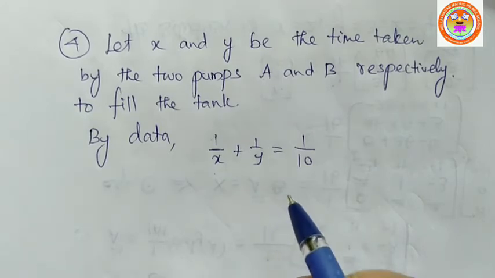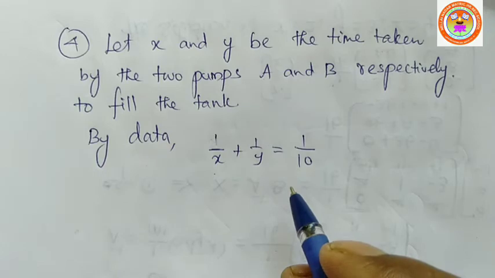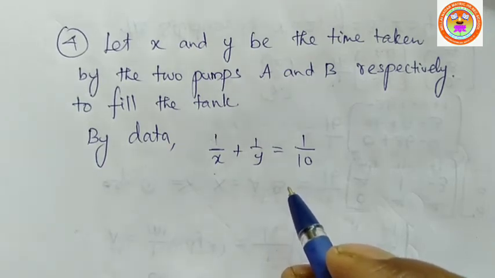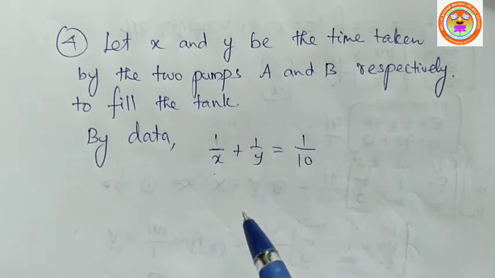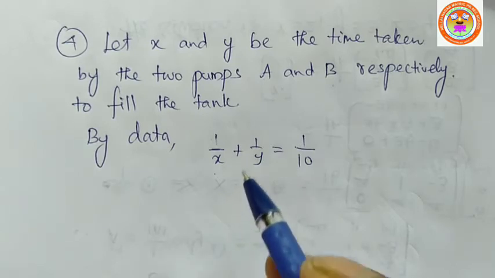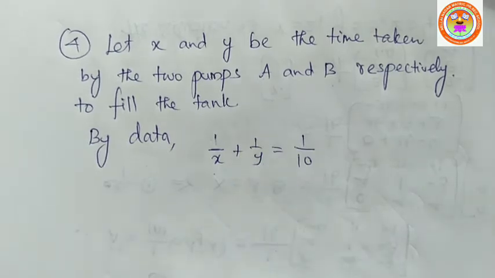Now see the second line, it is given that pump B is running in reverse. Reverse means pump B is emptying the tank.